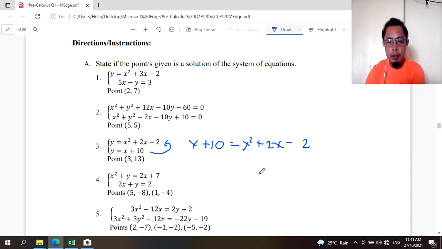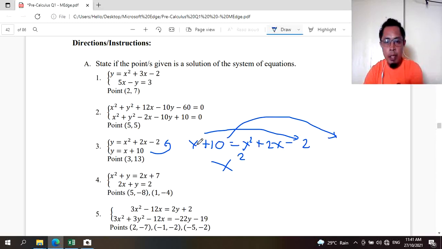Then after that, we transpose x to the other side of the equation. Similarly, 10 is being transposed, so that we come up with this final equation: x squared, the negative x becomes positive, so that is positive x, 10 transposed is negative, and we also have negative 2, so that is negative 12 equals 0.